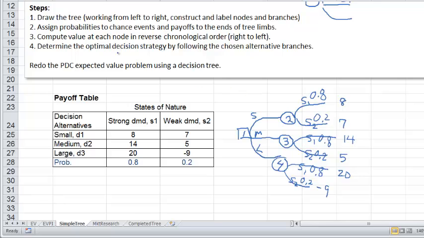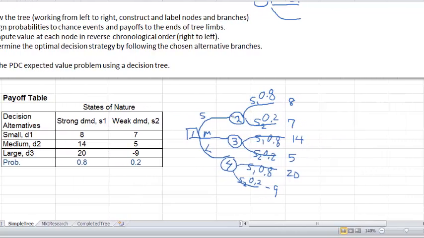Now we're going to compute the value at each node in reverse chronological order. That means we go from right to left. So we're going to process nodes 2, 3, and 4, and then we go on to node 1. First, let's take a look at node 2. At node 2, what is the likely payoff? Well, it could be 8 or 7. We don't know which one.